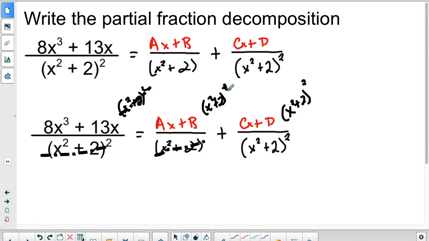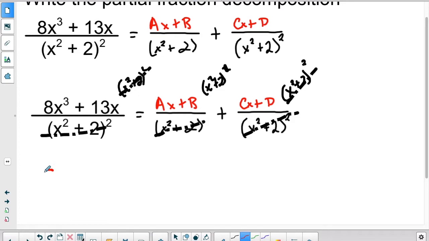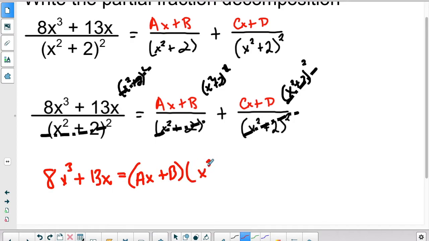This one cancels out with one of these. And these two cancel out completely. So what we're left with is 8x cubed plus 13x is equal to ax plus b times x squared plus 2, because we had one left over, plus cx plus d, because these canceled out completely. They were gone. I still had one here.